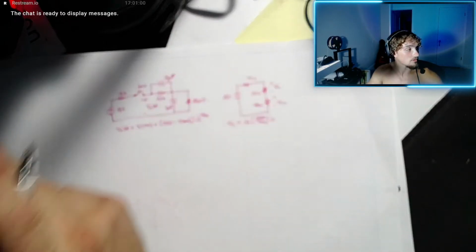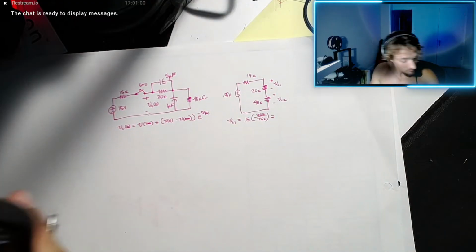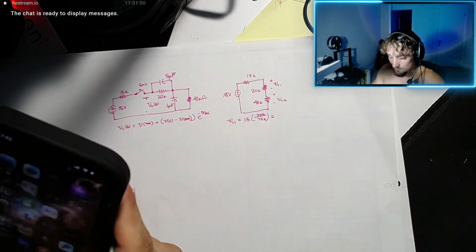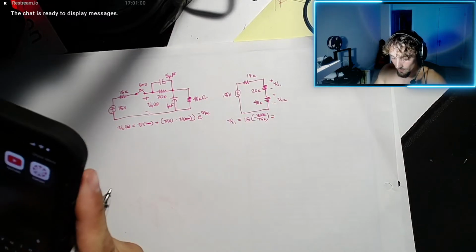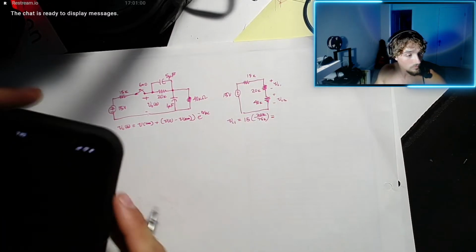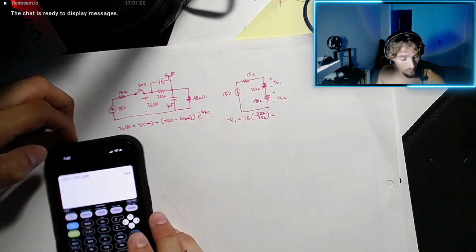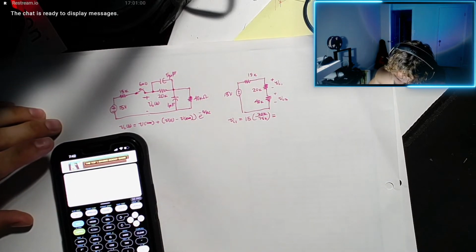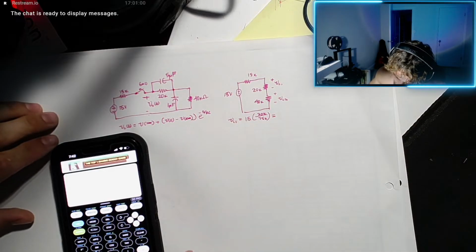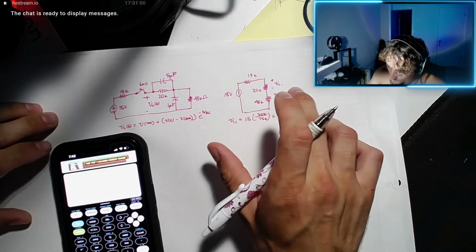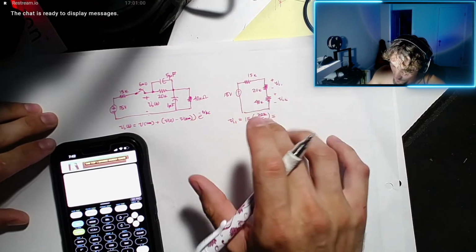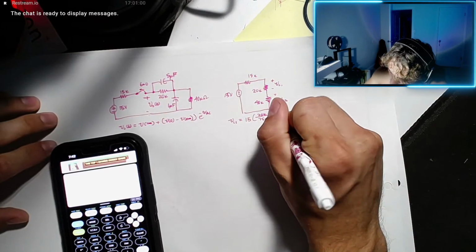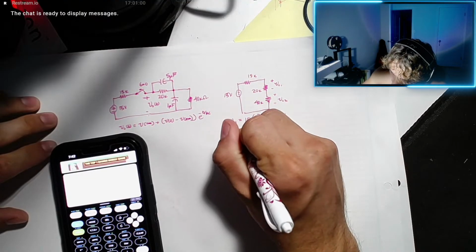I'm just gonna use my phone. I don't know where my calculator is. Fifteen times 20 divided by 75 equals 4 volts. I just want to make sure, 75. Okay, 4 volts.